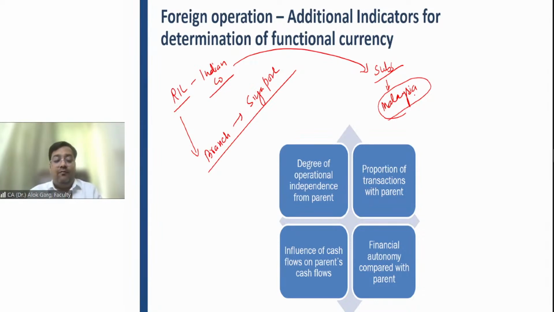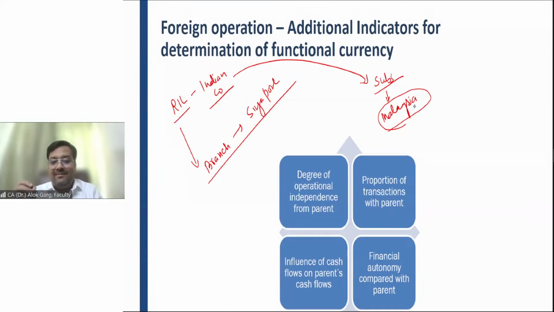Whether this foreign operation is considered as an extension of the reporting entity or it is an independent entity.